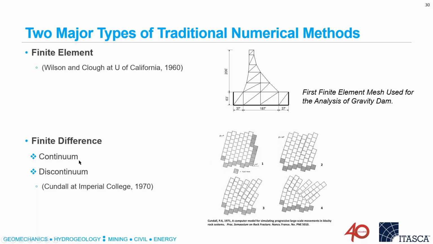At the same time, he also developed continuum models based on, again, finite difference principles, and those then went on to become FLAC and FLAC 3D. But these are some of the very earliest models.